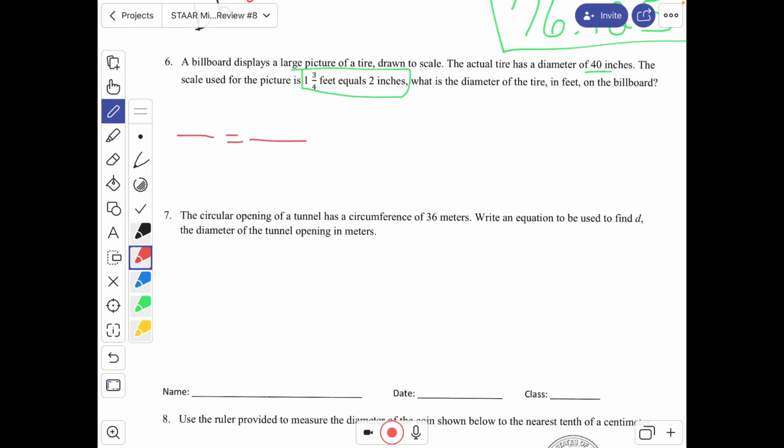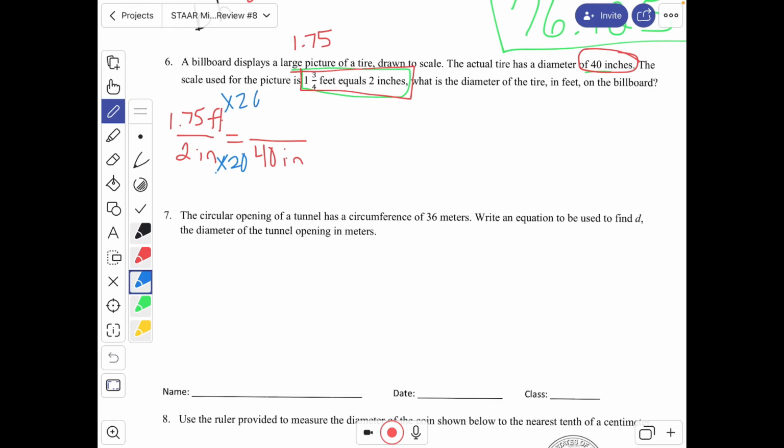I also noticed there's 3 numbers in this problem, so that's an indicator we're going to need a proportion. So I start with the rate that they gave us, 1 3/4, which would be 1.75 feet to 2 inches. So the next number is going to be 40 inches. It needs to line up with the other inches. Now what would I do to 2 to get it to 40? What would I multiply times? 20.